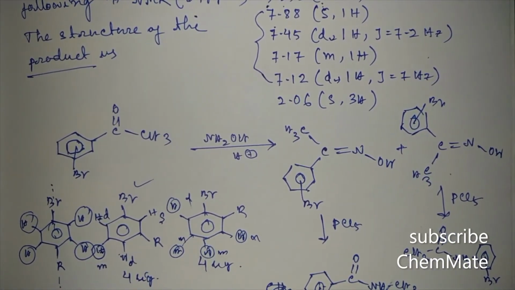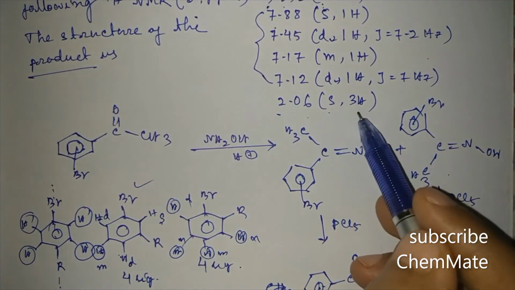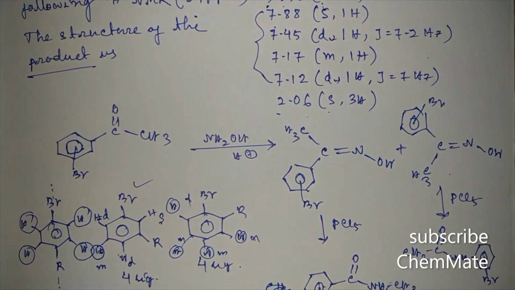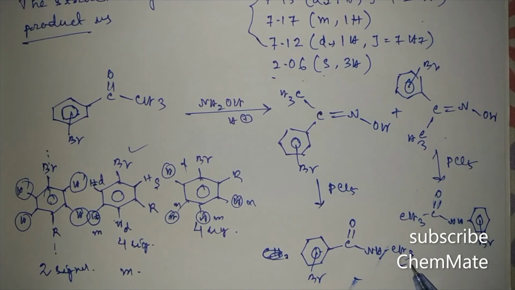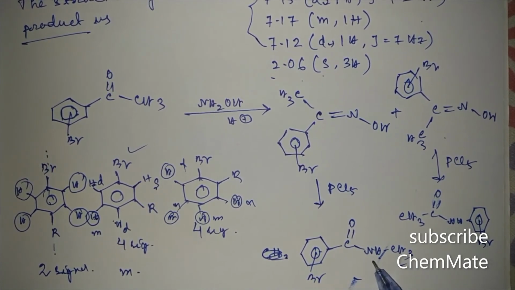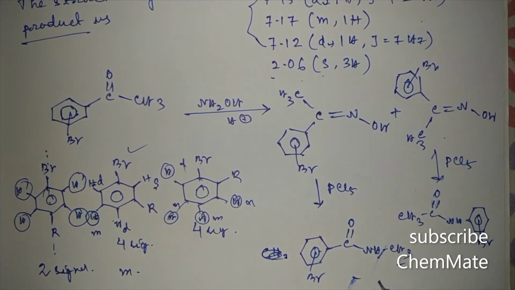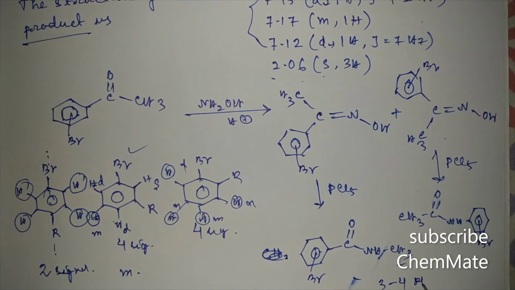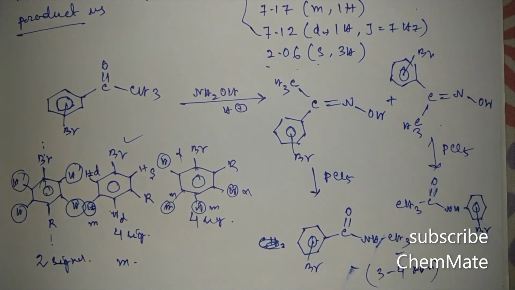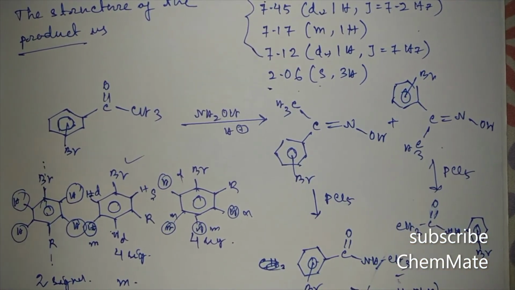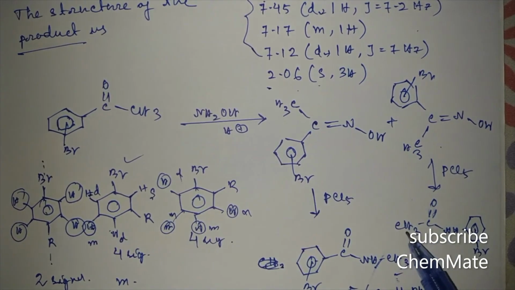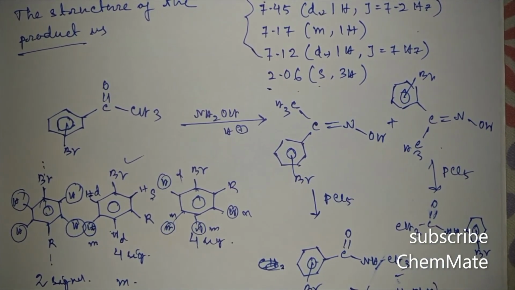Now from the other data, 2.06 singlet 3H, this must be for this CH3 group. If the CH3 is directly connected to a strongly electronegative nitrogen, then it must appear at 3 to 4 ppm, but it appears at 2.06, so it must be attached to the carbonyl group, that is CH3 is not connected to a strongly electronegative atom like nitrogen.